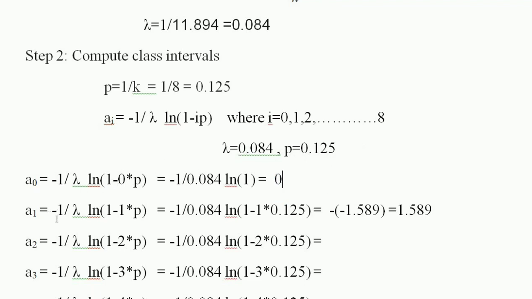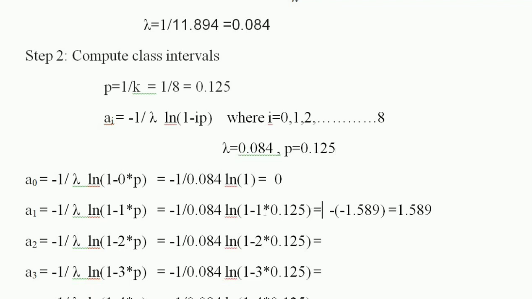Now calculate A1. Minus 1 divided by lambda, natural log of 1 minus 1 into P, where in the place of i I am going to substitute 1, the lambda value is 0.084, and the P value is 0.125.